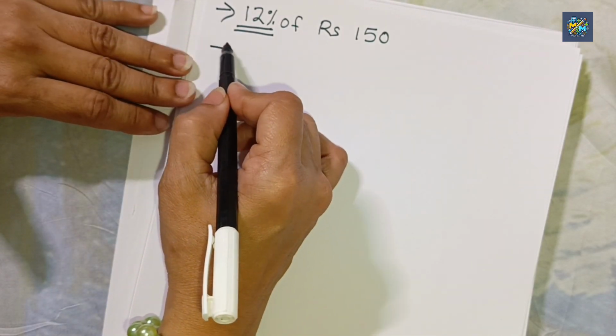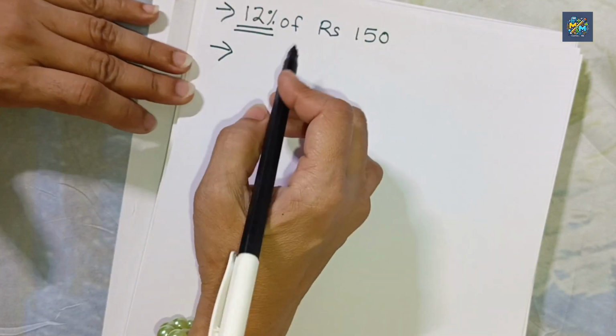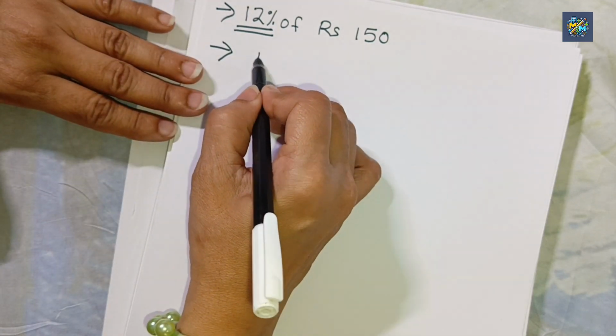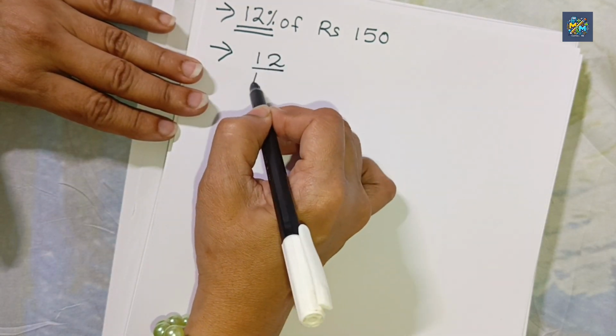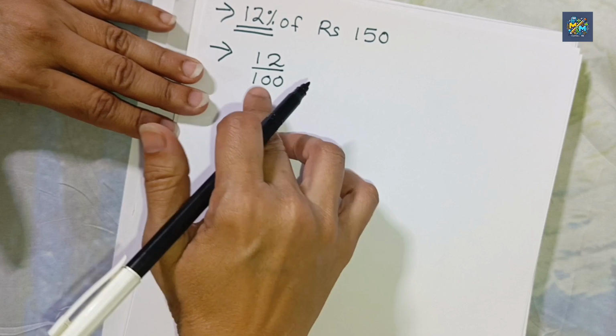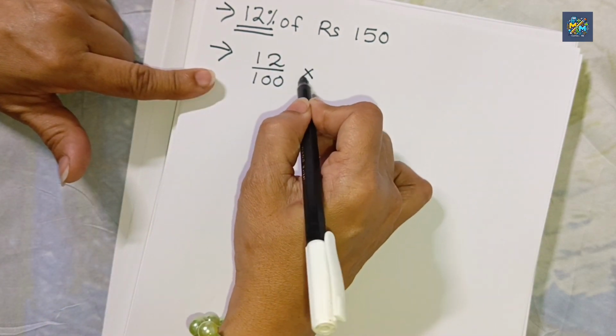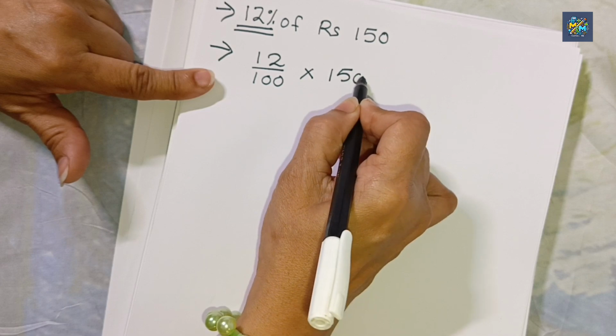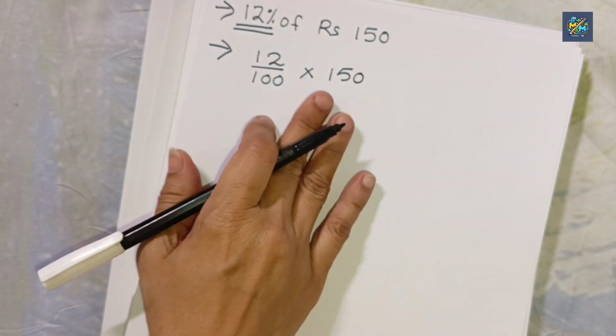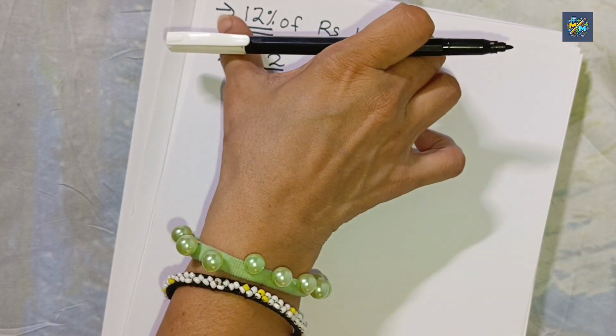First I'm going to convert this entire question the way we did before. So 12 upon 100, the percentage is turned into a fraction with 100, multiply by 150. This was my conversion of the question.